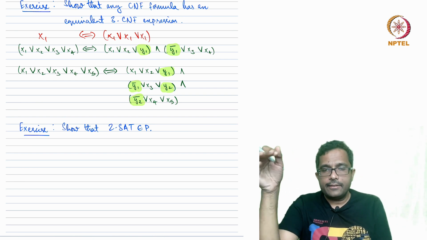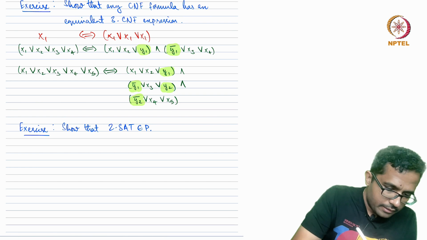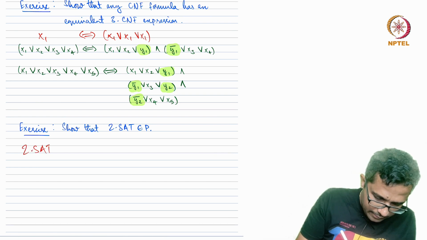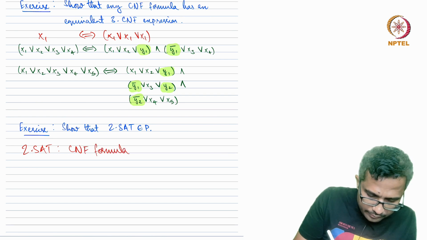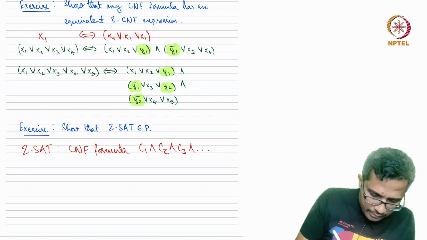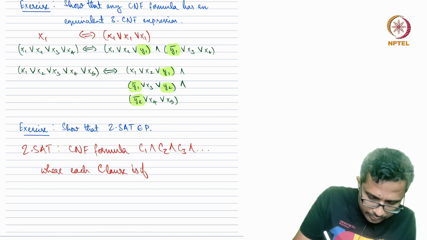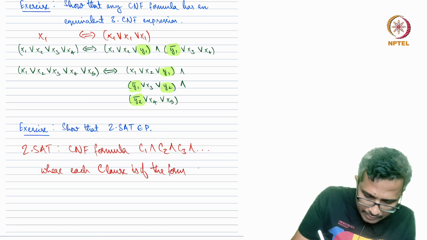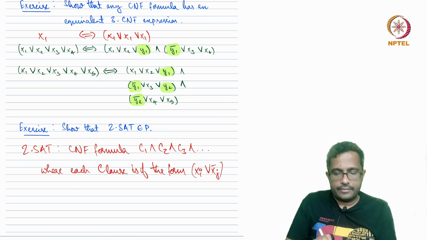It's a CNF formula, which is an AND of clauses C1 and C2 and C3 and so on, where each clause is of the form xi or xj, or xj complement, something like this. It's an OR of two literals, right?